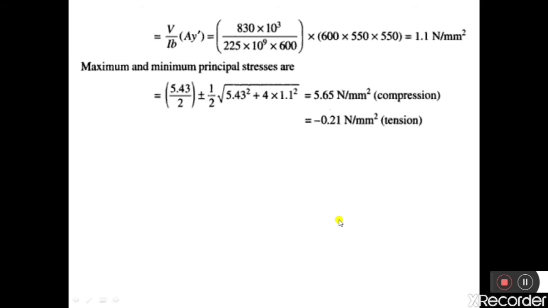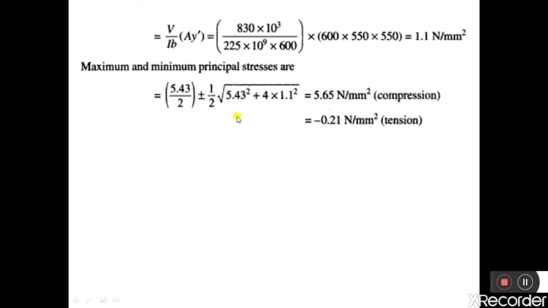So this is how we will calculate maximum and minimum principal stresses for prestressed concrete members. Here what you should remember is the formula to calculate the maximum shear stress when it is along the centroidal axis, and the formula to calculate shear stress when it is away from the centroidal axis.